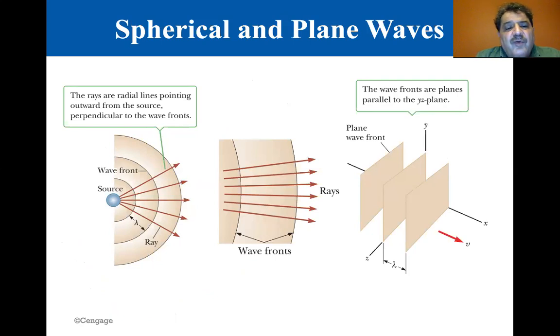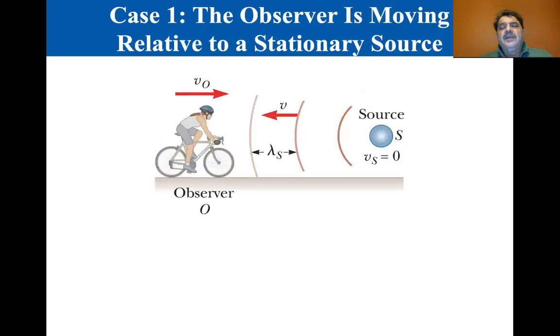As we go further out, the rays, those are the lines perpendicular to each wavefront, get more and more parallel, so that if we're far away from the source, you can think of it as planes parallel to the XY plane moving out at a velocity v, and the difference between the planes is lambda. Now we're going to use that when it comes to Doppler, and the text goes right into Doppler.